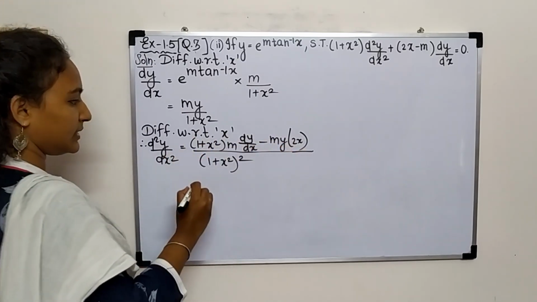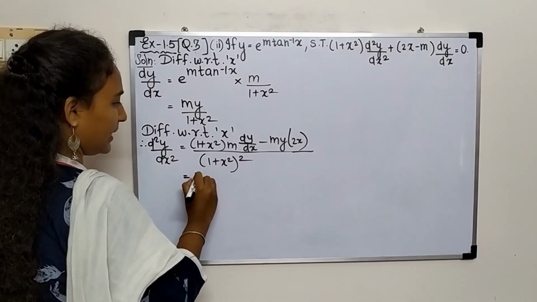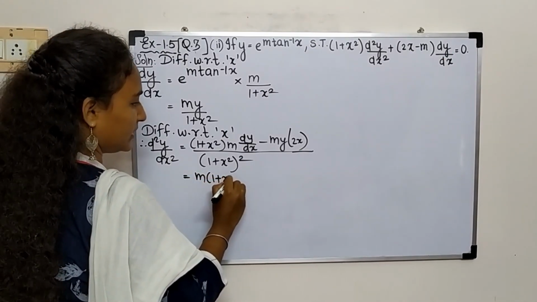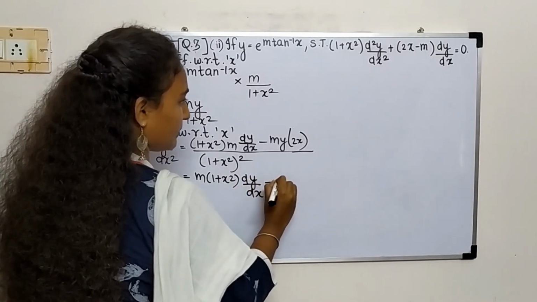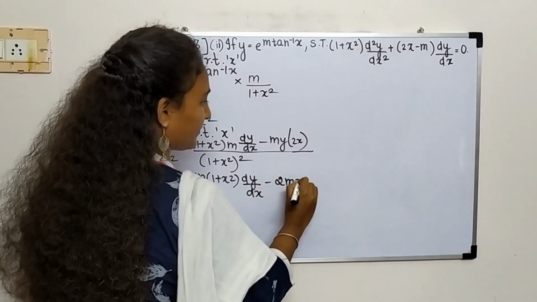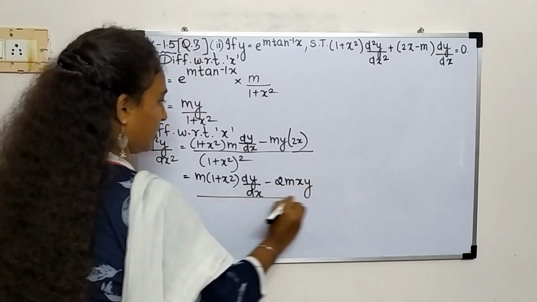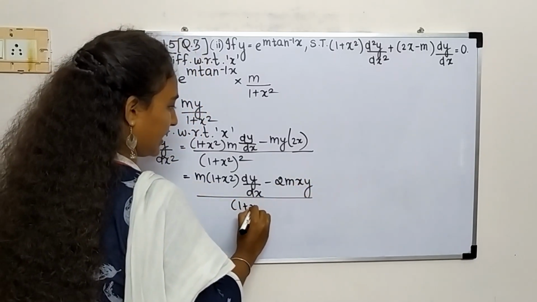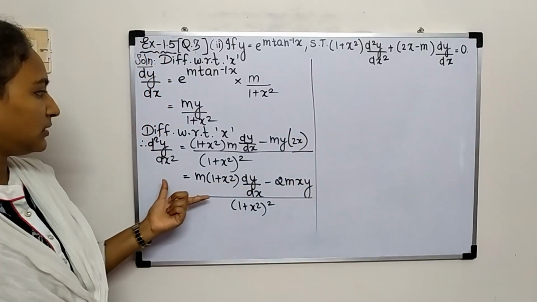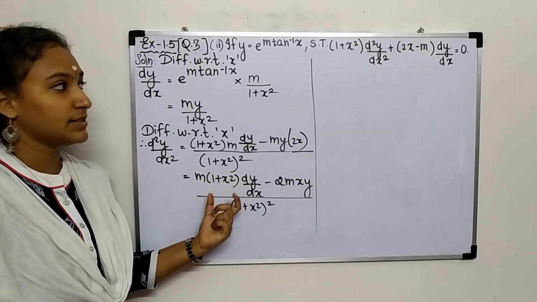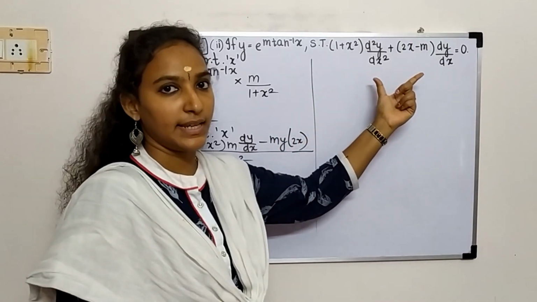Let us simplify this. This will be m 1 plus x square dy by dx minus 2m xy upon 1 plus x square the whole square. So we cannot simplify this to get our answer easily.